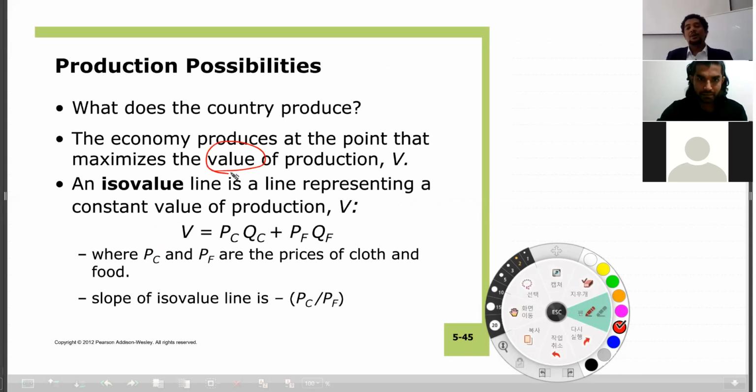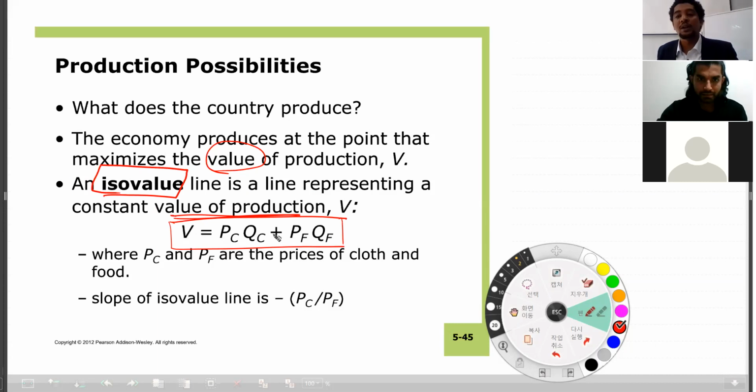So now, previously we were not talking about the value of production, okay? So now we are trying to compute the production possibility frontier when the value of production increases or decreases, depending on the value of production. So the value of production is called the ISO value, and ISO value is computed as this. V is equal to price of clothes times quantity of clothes, plus price of food times quantity of food.